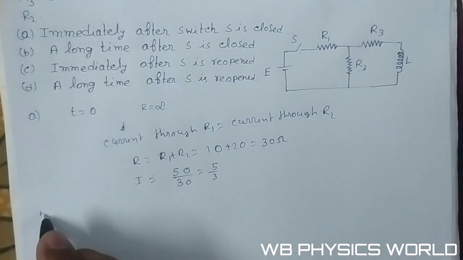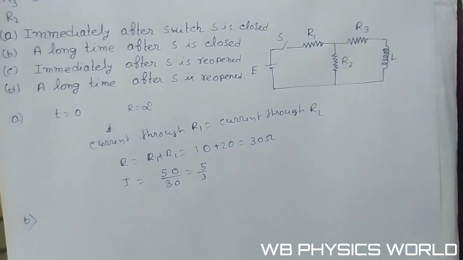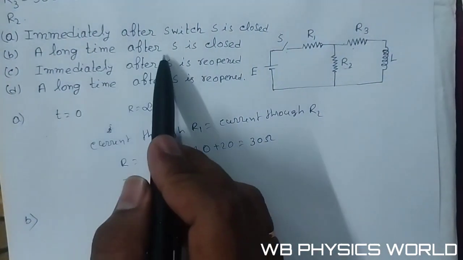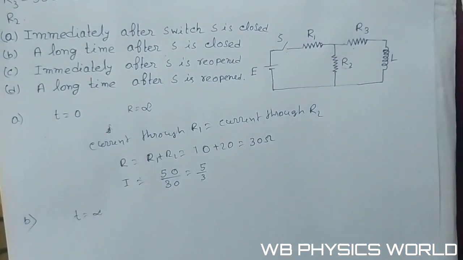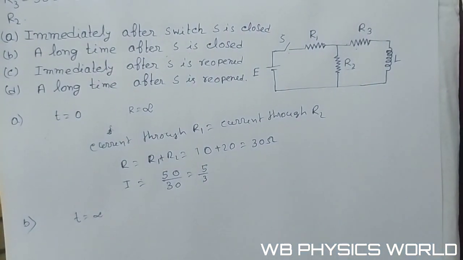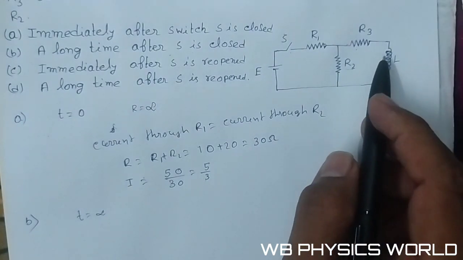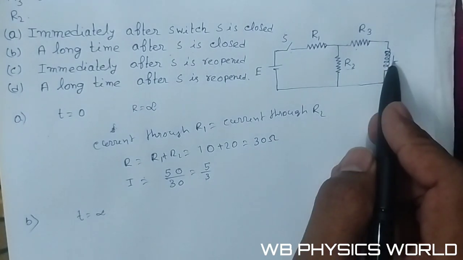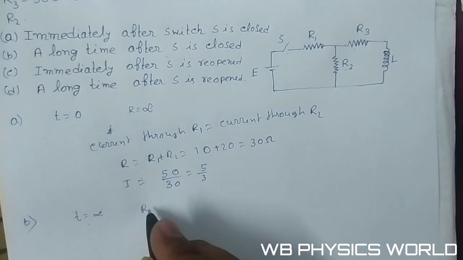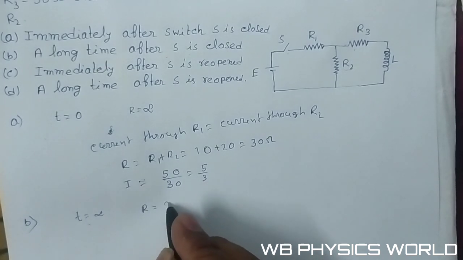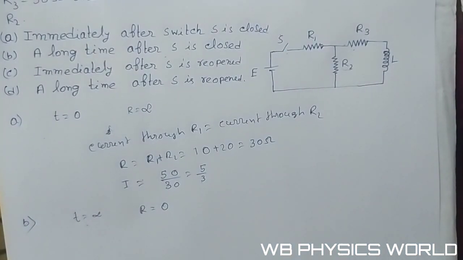In the second case, a long time after S is closed, that is t equal to infinite, the resistance offered by the inductor after a long time is R equal to 0.